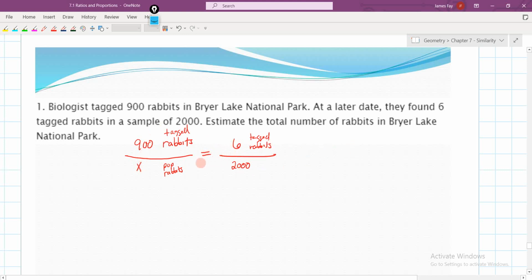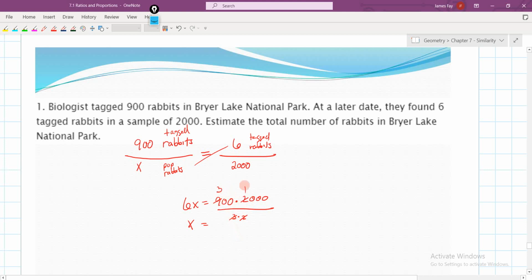Okay, so then if we cross multiply, we get 6x equals, and I'm just going to write this, 900 times 2,000. When I do this, if I divide both sides by 6, which is 3 times 2, just to do a little mental math, that 3 is going to cancel and give me a 3, and this 2 is going to cancel and leave me a 1.